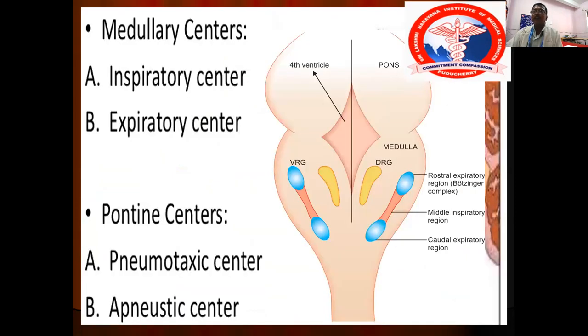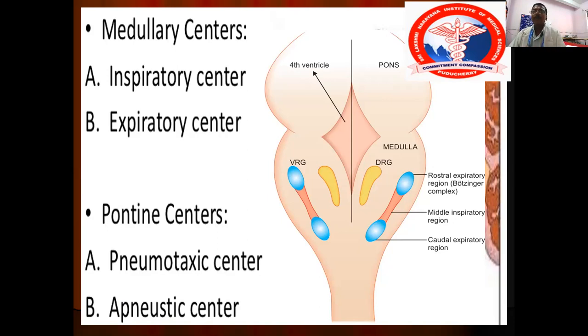What are the respiratory centers? One is the higher centers, as I already told: the cerebral cortex, hypothalamus and limbic system. These three higher centers will control or alter the respiration rapidly, but only for a brief period of time, and then it will escape from the effect.